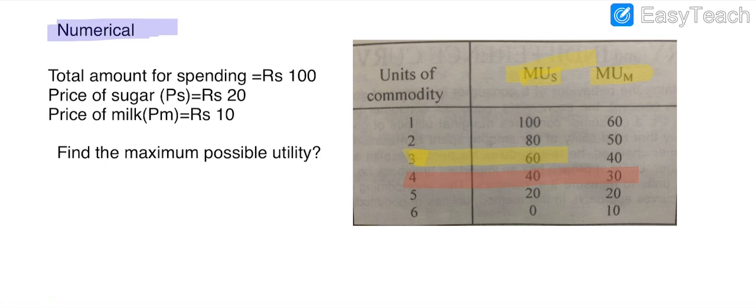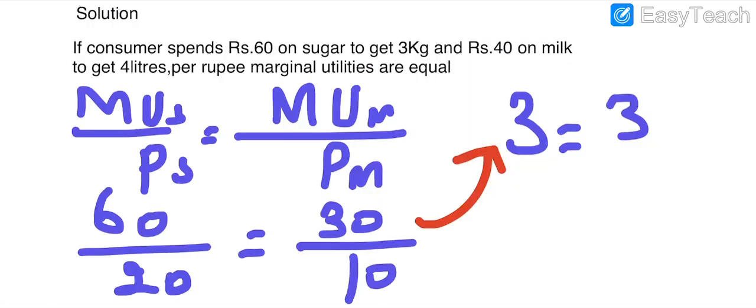Then how will the consumer maximize the utility, and how will the marginal utilities be equalized? If the consumer spends 60 rupees on sugar, it will be 60 divided by the price of sugar, that is 20.